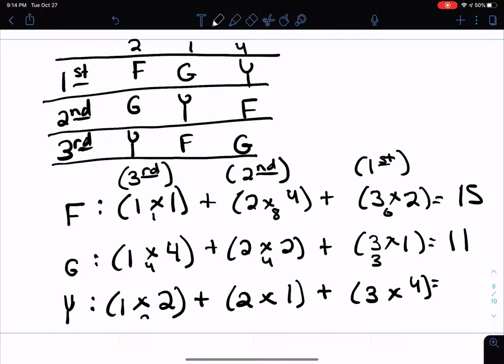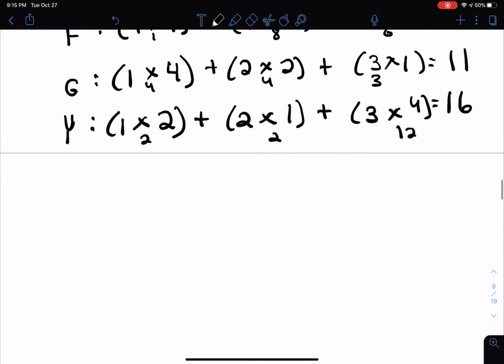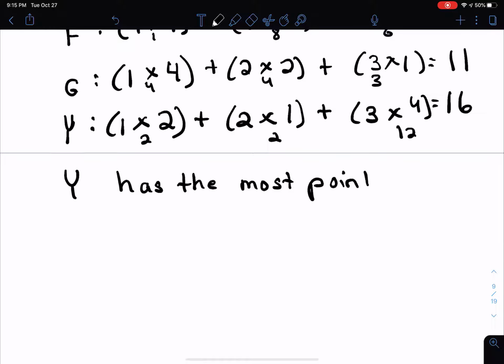And then for Y, we have 2 plus 2 plus 12, which is 16. All right, so who has the most points? Y has the most points. And wins. Woohoo! So in this case, under this method, Y gets selected.